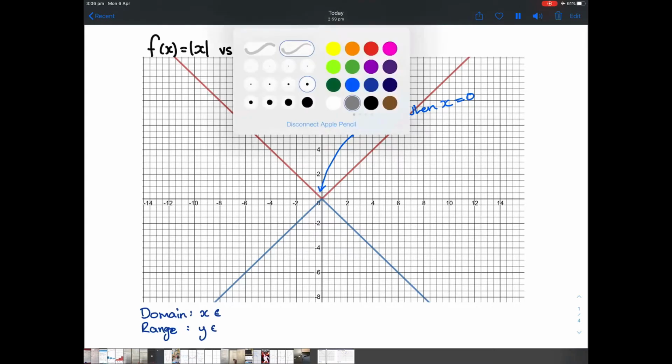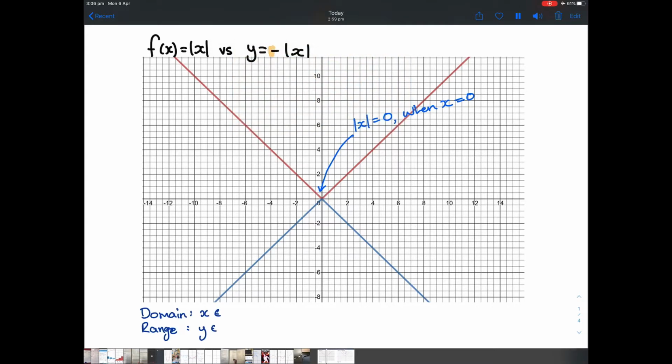But the interesting thing is this negative symbol at the front of our absolute value symbol. So if we think about order of operations, take the absolute value of any number, it's going to give us a positive answer, but then we need to multiply it by -1.